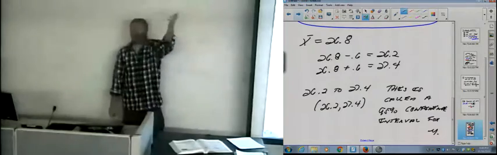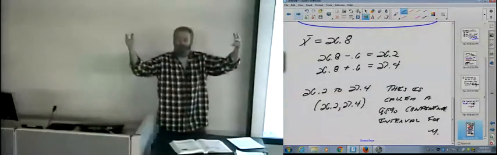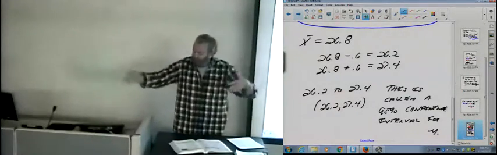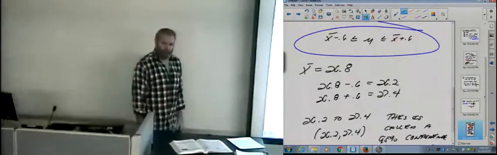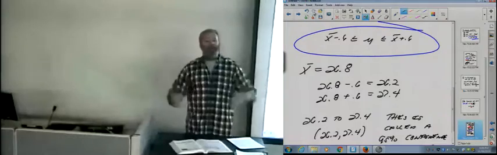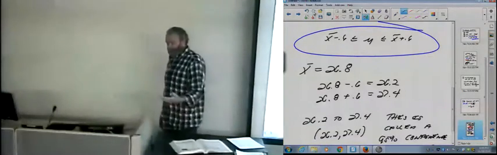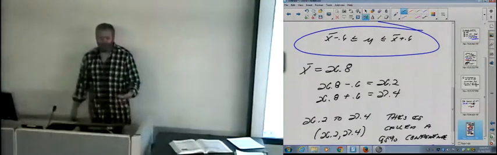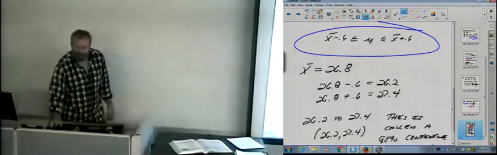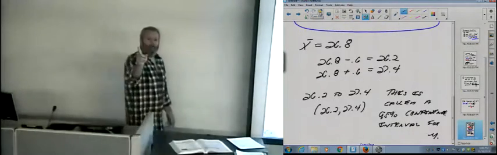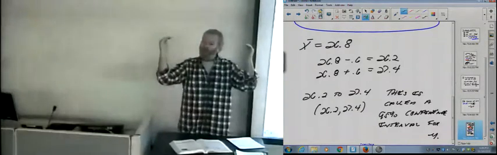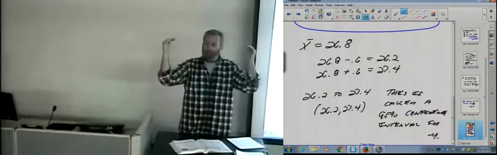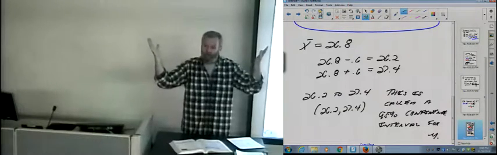In 95% of all the samples, x bar is within 2 standard deviations of mu. So in 95% of all the samples, what I have circled in blue is true. That mu is within 2 standard deviations of x bar. So in 95% of all the samples, that's what I get. This is called a 95% confidence interval. There is only one confidence interval you're looking at. It's from 26.2 to 27.4. That's how you do this.